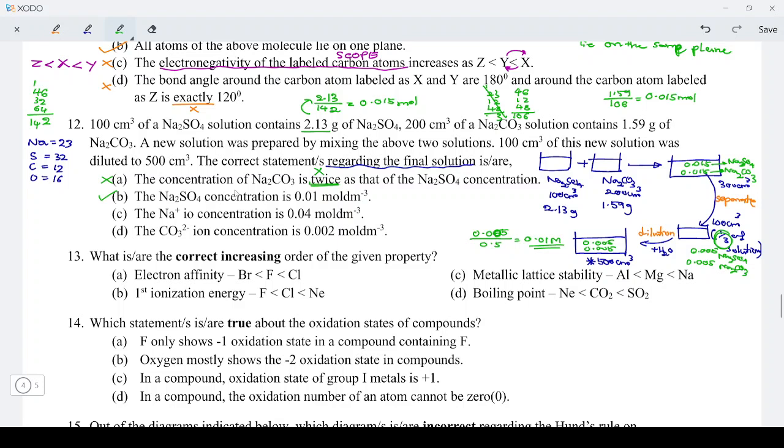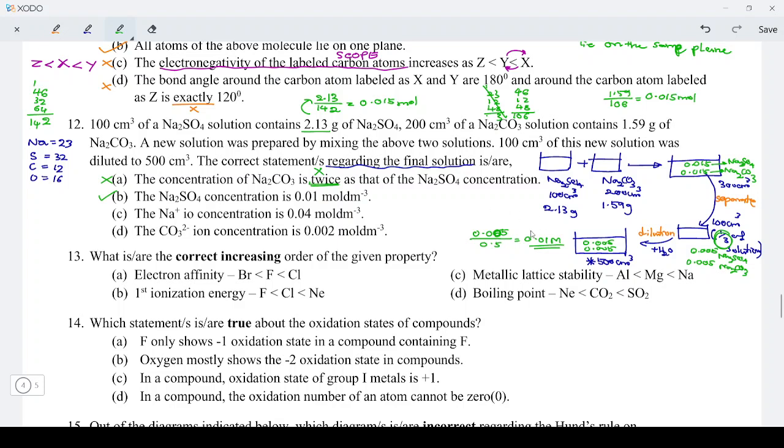And the sodium concentration, they are telling 0.04. We can agree with that one because I'm going to explain that here. Sodium sulfate contains 2 sodium ions, and sodium carbonate also contains 2 sodium ions. So if you just write and find how many sodium plus ions there are, how many moles, right?